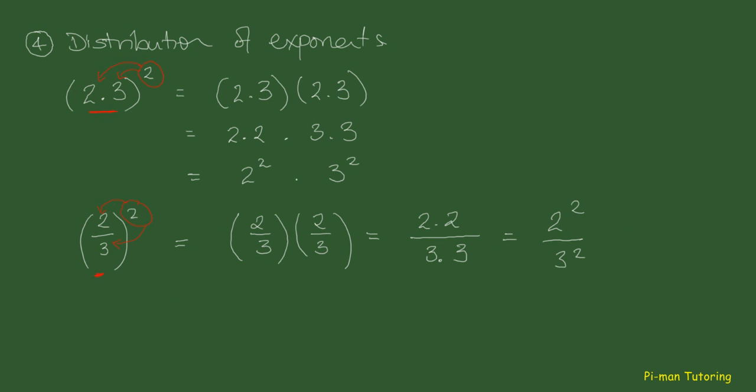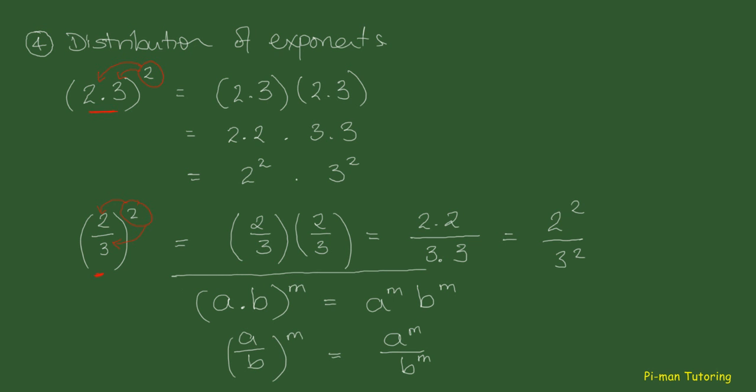So let's just write that algebraically. For multiplication, we've got a multiplied by b, all raised to the power of m, is the same as a to the m, b to the m. And a divided by b, to the power of m, is equal to a to the m divided by b to the m.